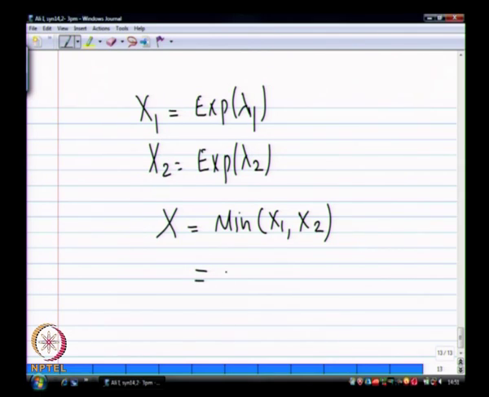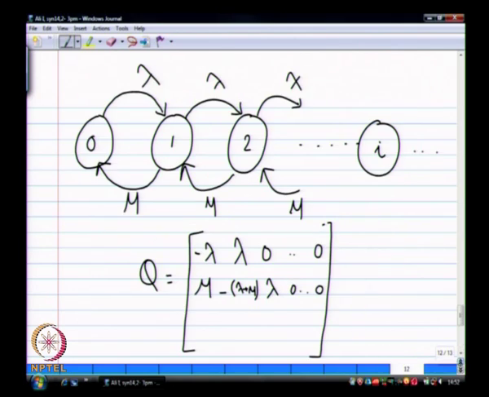We said it is also exponential, with rate lambda 1 plus lambda 2. So that is why the rate of departing is lambda plus mu, therefore the rate of staying is simply minus lambda plus mu.